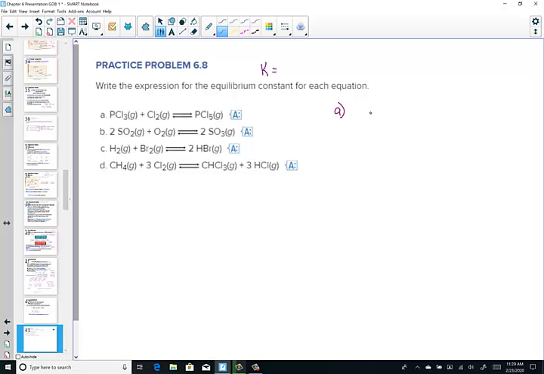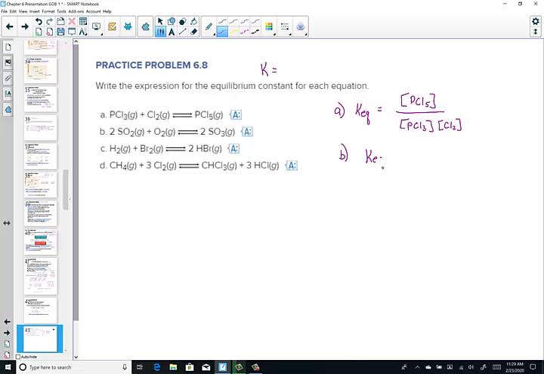All right, well, let's take a look at letter A. The equilibrium constant K is going to be equal to, brackets, the concentration of PCl5 set over the concentration of PCl3 times the concentration of Cl2. Since all the coefficients are ones, the exponents are all ones in our expression.